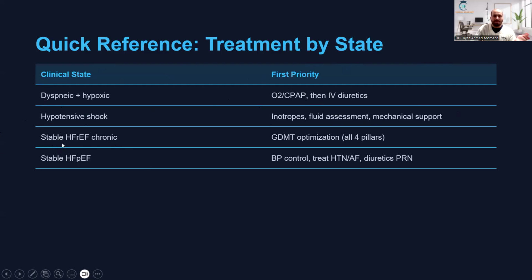Patient with chronic stable heart failure with reduced ejection fraction. All four pillars. So you start stepwise ACE inhibitors or ARB, and then you add another medication and a third and a fourth. You go by like this. Stable heart failure with preserved ejection fraction, you treat risk factors.